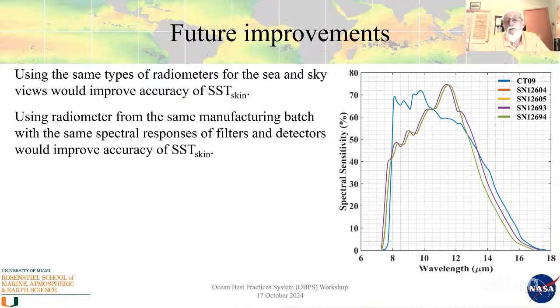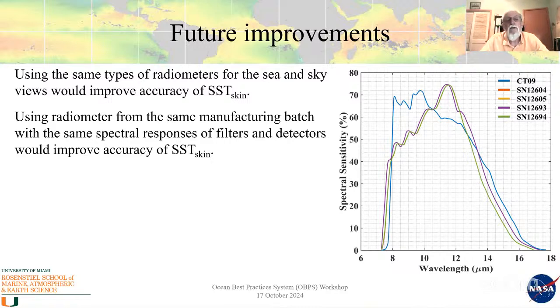The unfortunate consequence is that the spectral response function, shown in blue, of the sky viewing radiometers doesn't match that of the sea viewing radiometers. The peak of the sky viewing response is at about 9 microns wavelength, whereas for the sea viewing radiometer it's at about 12 microns wavelength, and that is important. It has to be corrected for.